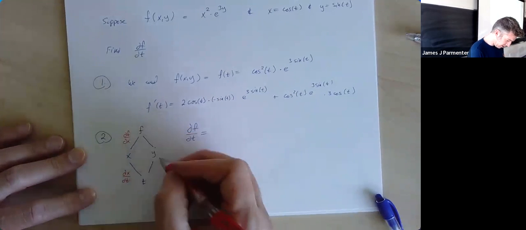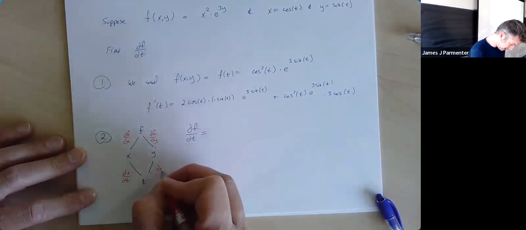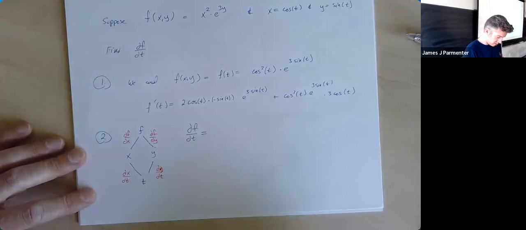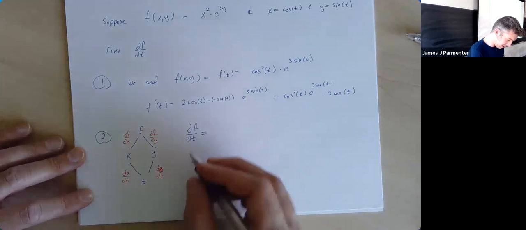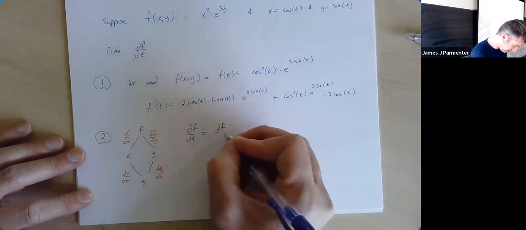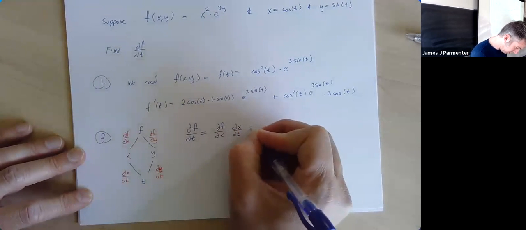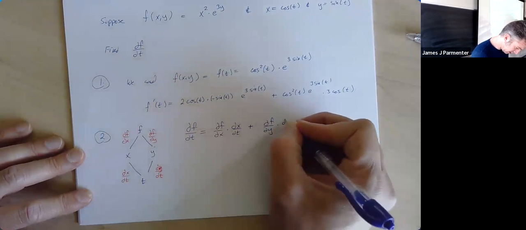And similarly, f to y is del f del y, y to t is dy dt. To go from f to t, you multiply all the path steps together, so we get del f del x times dx dt plus del f del y times dy dt.